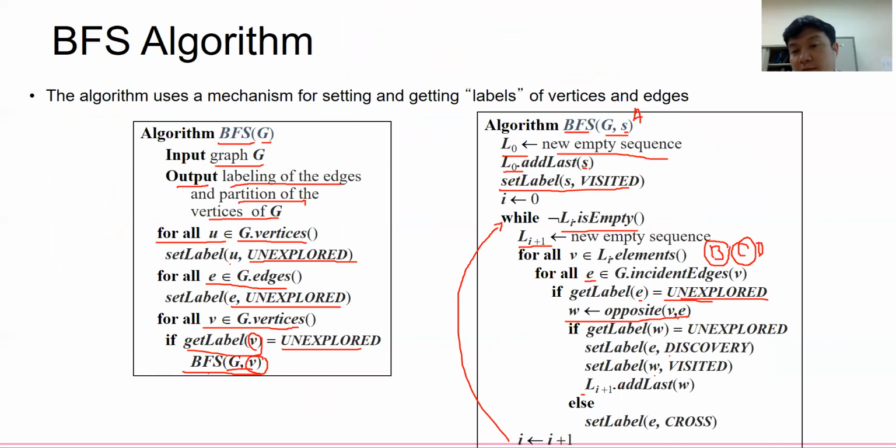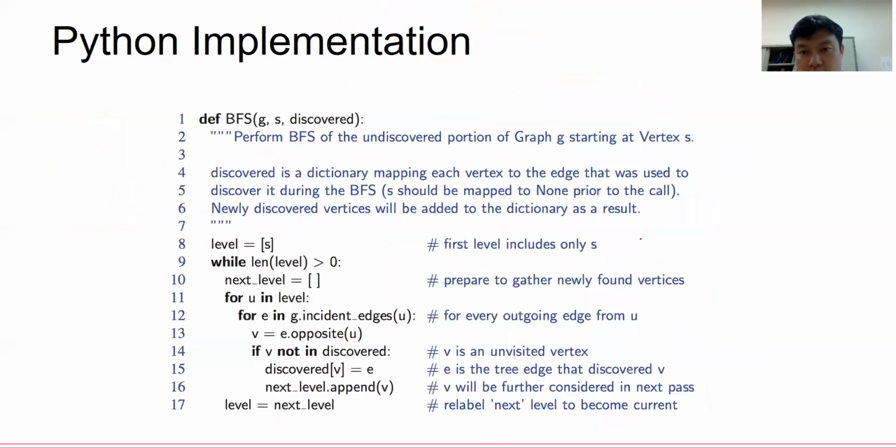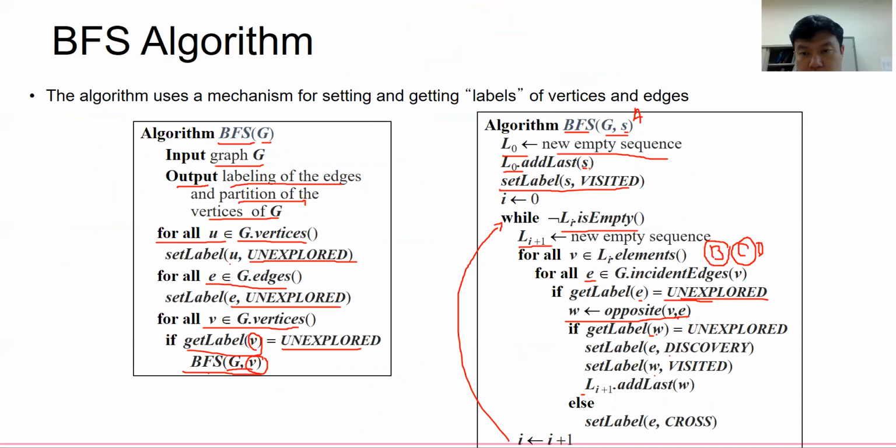The opposite of C in this graph is E. Yeah, this is E. What about E? E is already visited. Whether E is unexplored? Because it's already visited, we will not do this one, but we will go to the else.